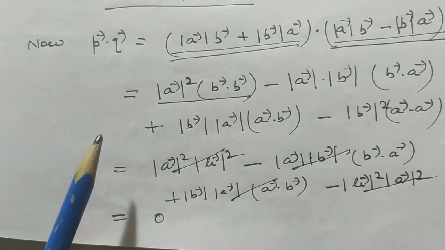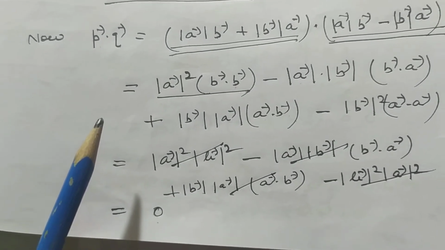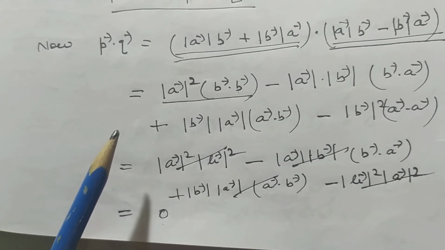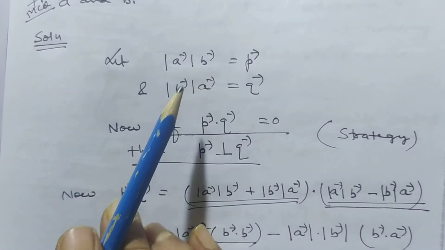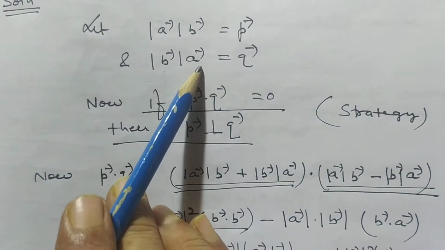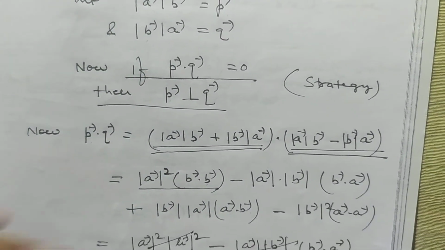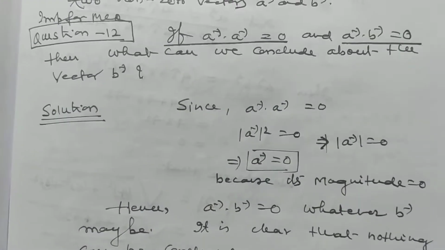What does it mean? It proves that vector P and vector Q both are perpendicular. That is, magnitude of A vector B and magnitude of B vector A are perpendicular to each other. So my dear students, in this way we can solve this problem.